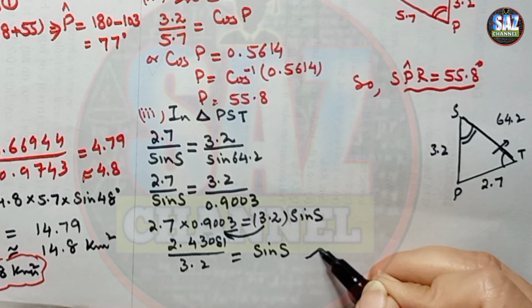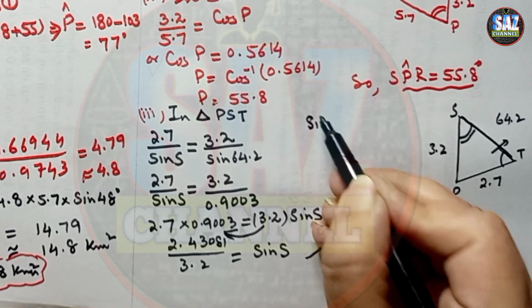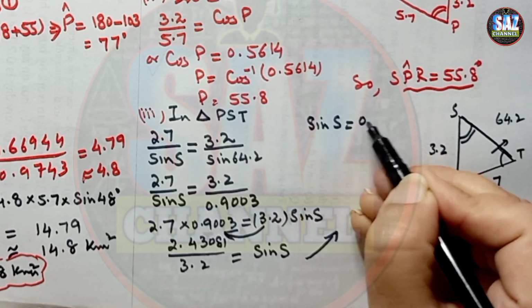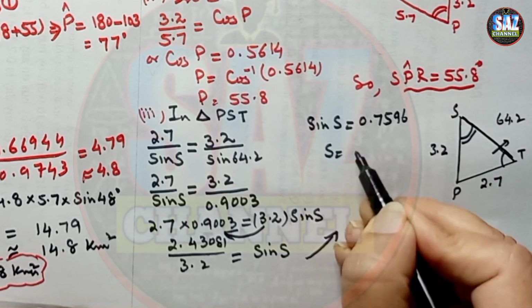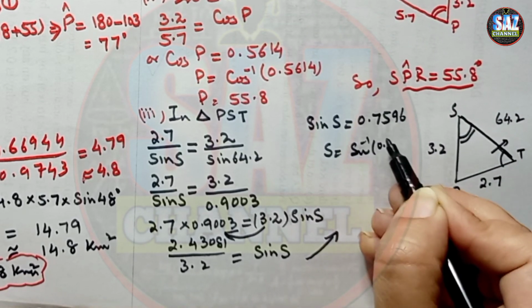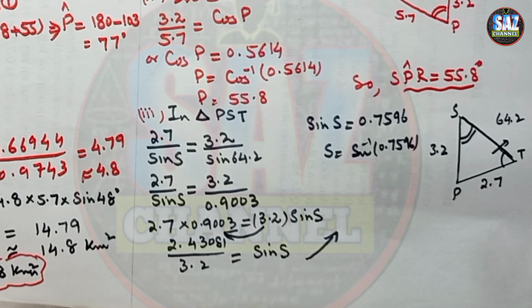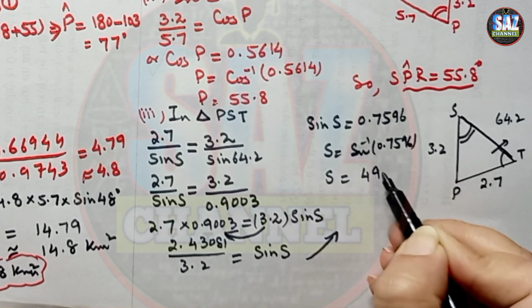Okay, let me move towards this side for the completion of my working. So sine S will be equal to 2.43081 divided by 3.2, and this gives me 0.7596, and S equals inverse sine of 0.7596, which is 49.2 degrees.